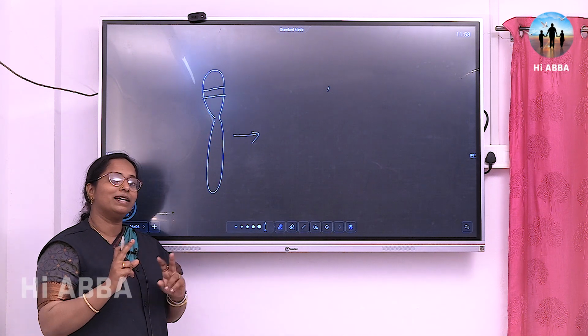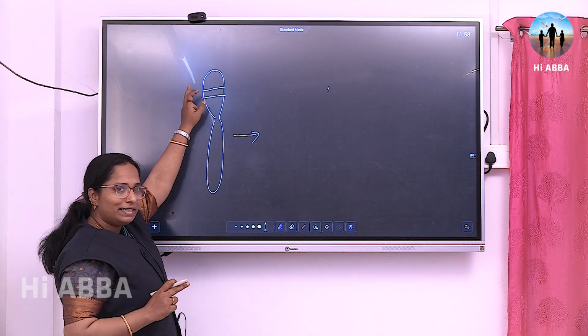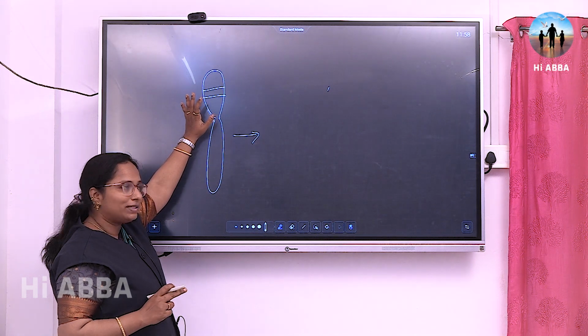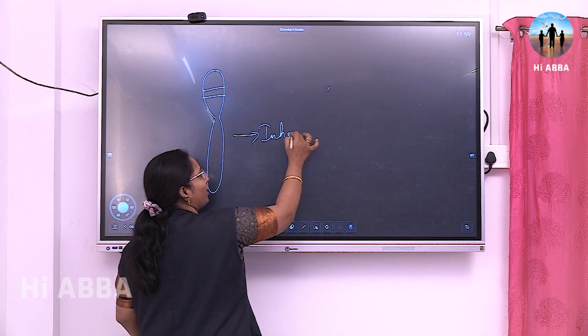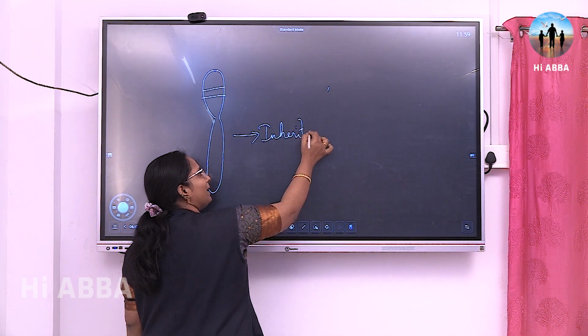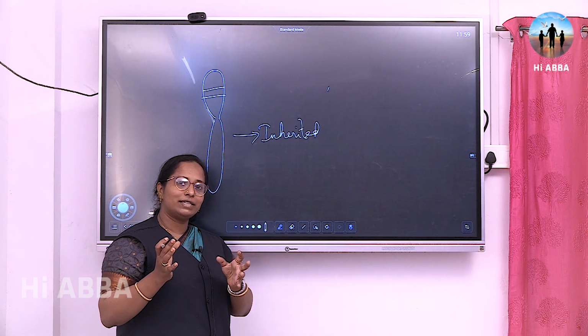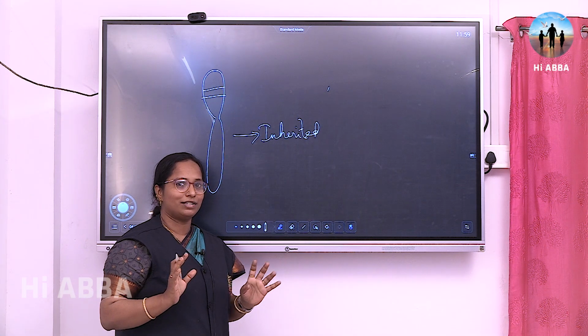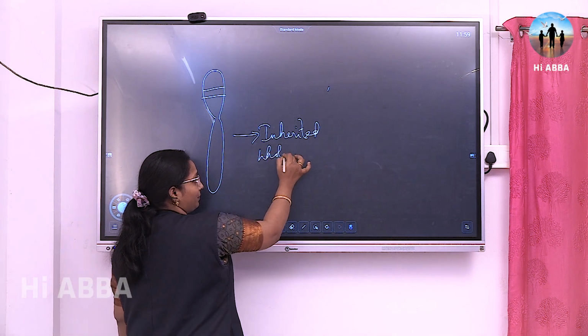We have already studied a law before, we'll discuss that later, but when these genes are arranged very closely to each other, they will be inherited as a whole. Inheritance, the word itself says carrying the information from the parents to the next generation or offspring. So they will be inherited as a whole.